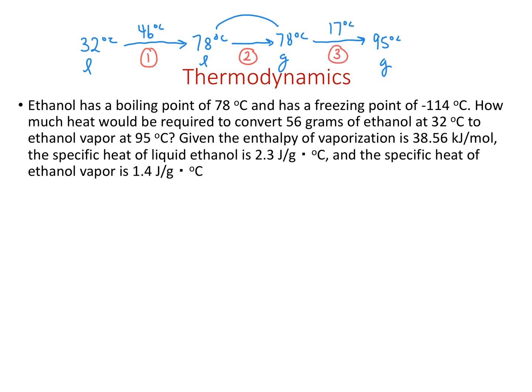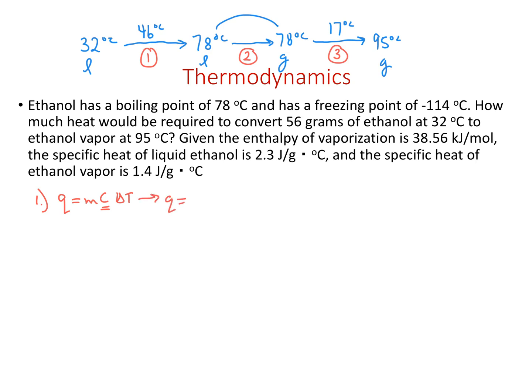Calculation 1, I need to use Q equals m c delta T, where c will be the specific heat of liquid ethanol, because I'm taking a mass of 56 grams of ethanol and I'm changing it from 32 degrees to 78 degrees Celsius. So I want to find that heat.